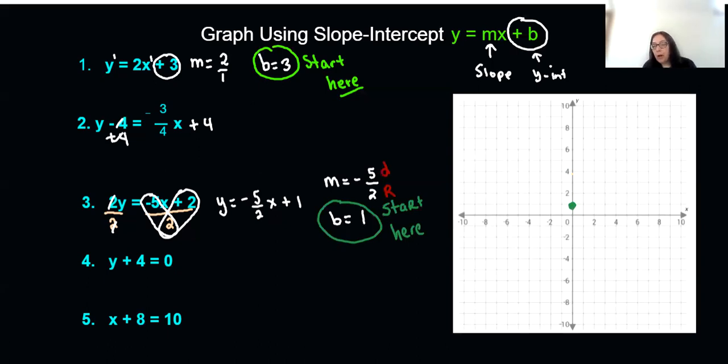So from my dot, I'm going to move down 5. 1, 2, 3, 4, 5. I'm going to put a dot right there. Then from my new dot, I'm going to go right 2. 1, 2, right there.